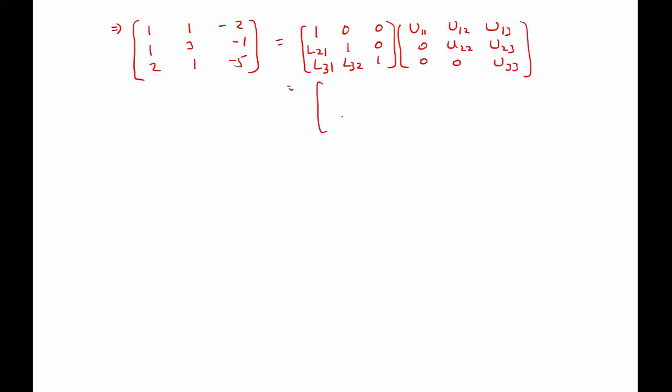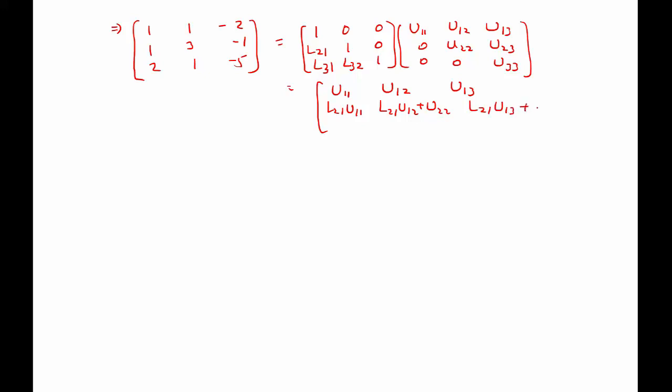So in the right side matrix product, first row into first column, U11, first row into second column, U12, first row into third column, U13, second row into first column, L21 into U11, second row into second column, L21 U12 plus U22.